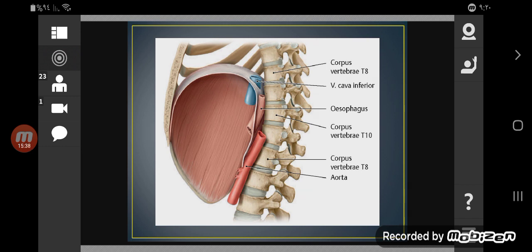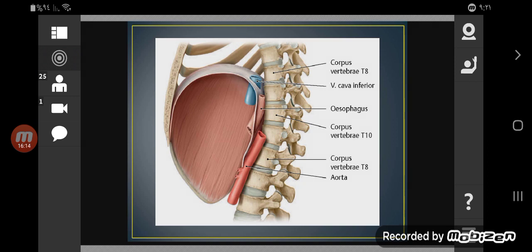If you come back to the previous session and remember, the sternal angle is the important level. If you remember, the sternal angle is at the same level as the T4-T5 intervertebral disc, between T4 and T5. The commencement and the end of the arch of aorta is this plane, this level.